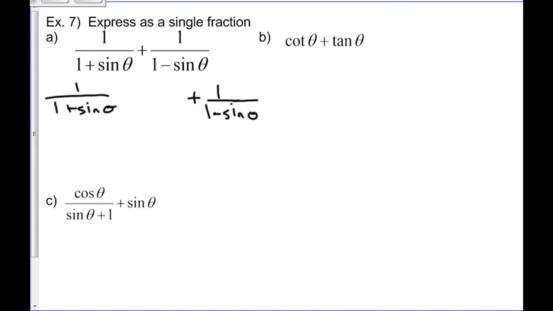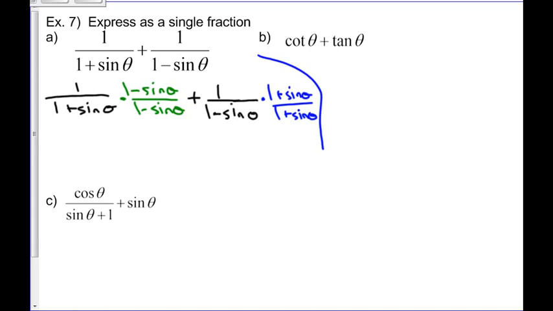The common denominator would just be both of those denominators multiplied together, so 1 plus sine theta times 1 minus sine theta. That means missing from this one is 1 minus sine theta, so I'll multiply the top and bottom by 1 minus sine theta. Over here, what's missing is 1 plus sine theta.